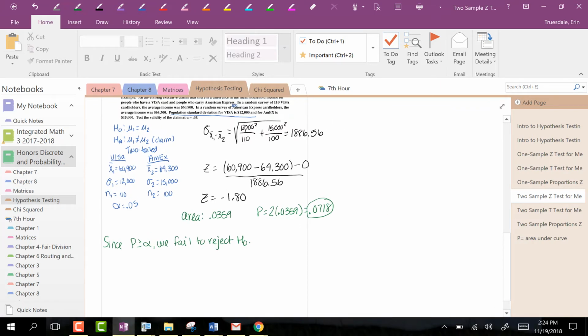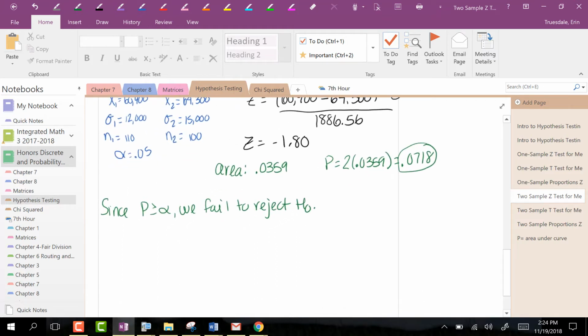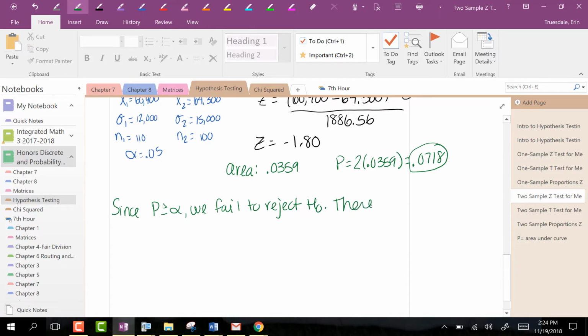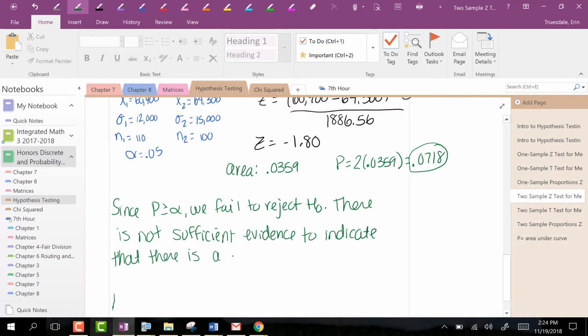Good. There is not sufficient evidence to indicate that, and then you want to describe the claim, that there is a difference in the mean income between Visa and American Express card holders.